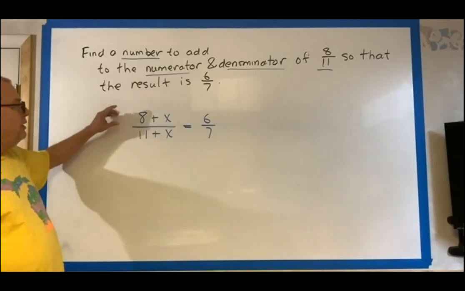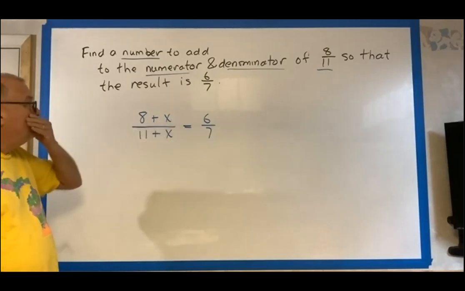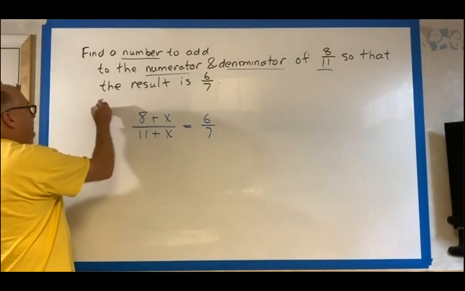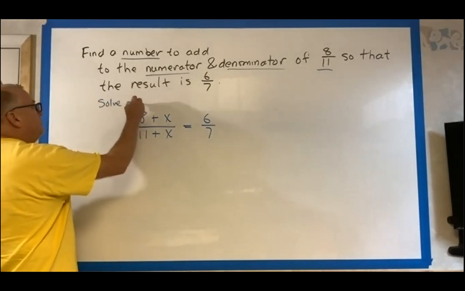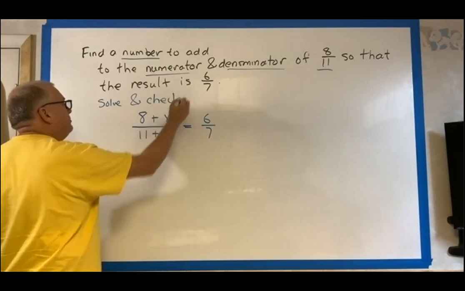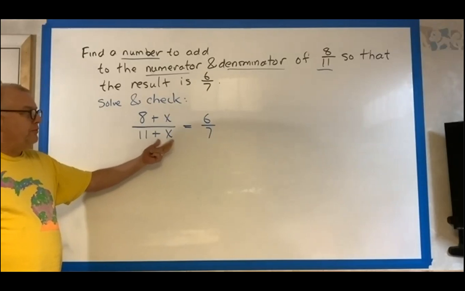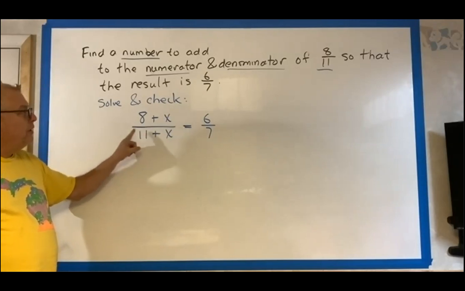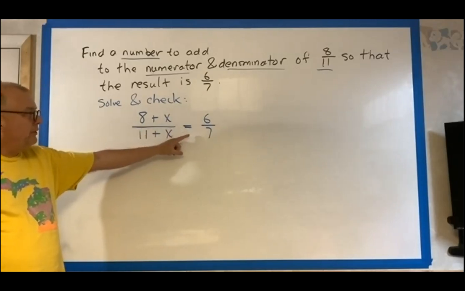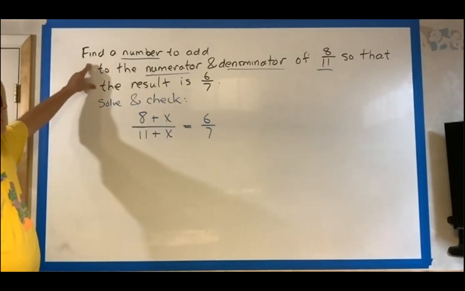Okay, so is there a number I can add to 8/11 to make it 6/7? I mean, really, I'm being asked to solve this. And then check my answer. So let's do it as if we did the problems from the last section. I'm looking at a rational equation. When I read it, did you realize it was a rational equation?